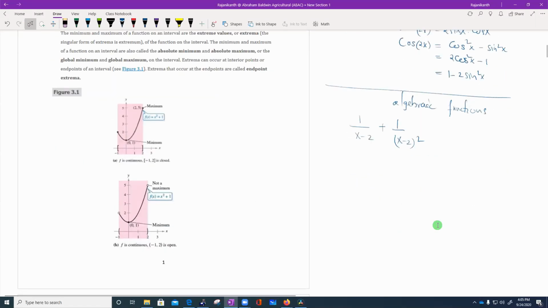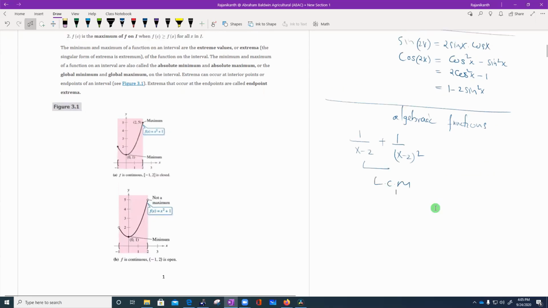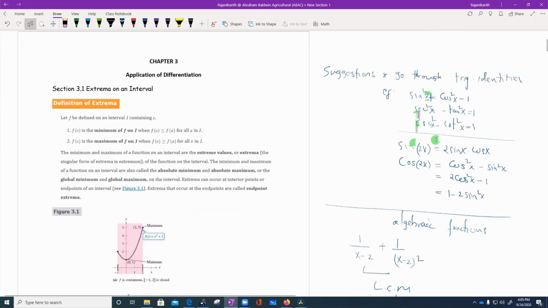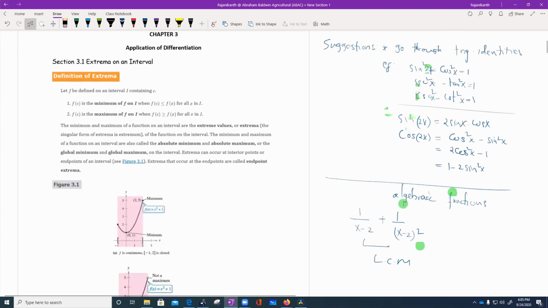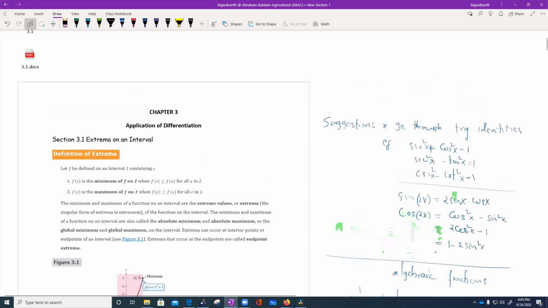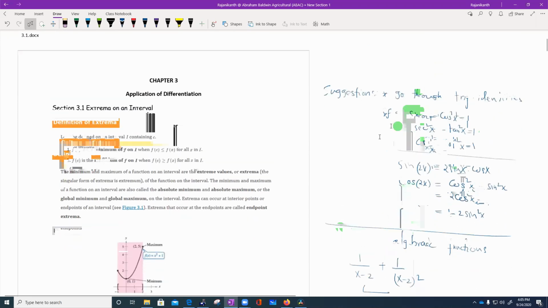Cross multiply. You need to find the LCM, right? So in this course, we are not studying how to add these two fractions, because you should know how to add them by using LCM. If you have a good foundation in these things, this will be super easy.